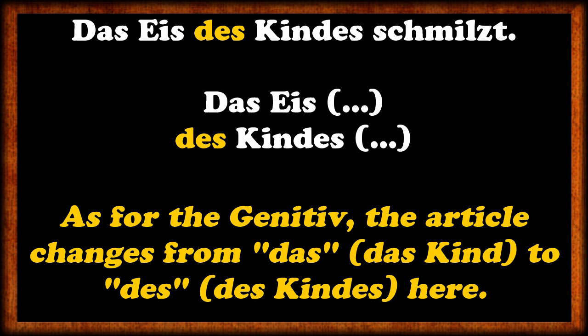Des refers to the genitive case, to the German Genitiv, des Kindes. So it's not das Kindes, because the German noun Kind, the child, has the neuter article das. No, in this case it's des Kindes, because in the context of the sentence, this is the genitive case.